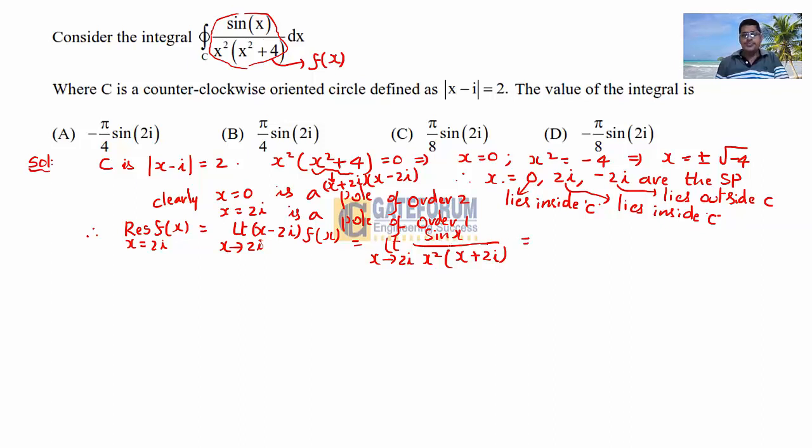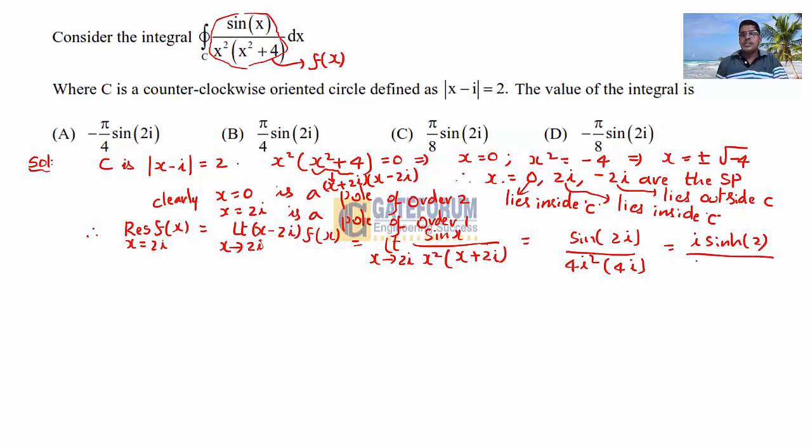Direct substitution, x is equal to 2i. It is not a standard limit. So by the direct substitution limits procedure, (2i) whole square is 4i square, 2i plus 2i is 4i. Sin ix is i sinh x. That is, I can write here i sinh of 2, whole divided by i square value minus 1.